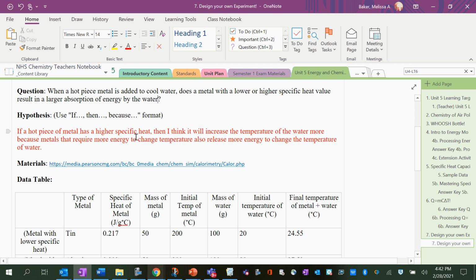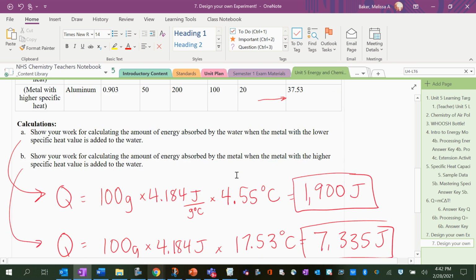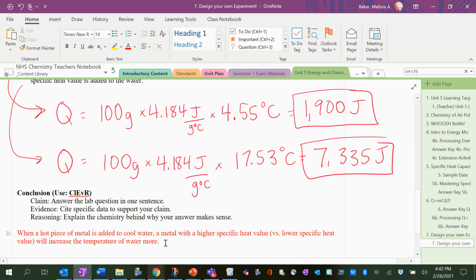If this metal has a high specific heat, then I think it will cause the water to absorb more energy. Okay, there we go. I just wanted to make that make sense, so that we use the data that we calculated.